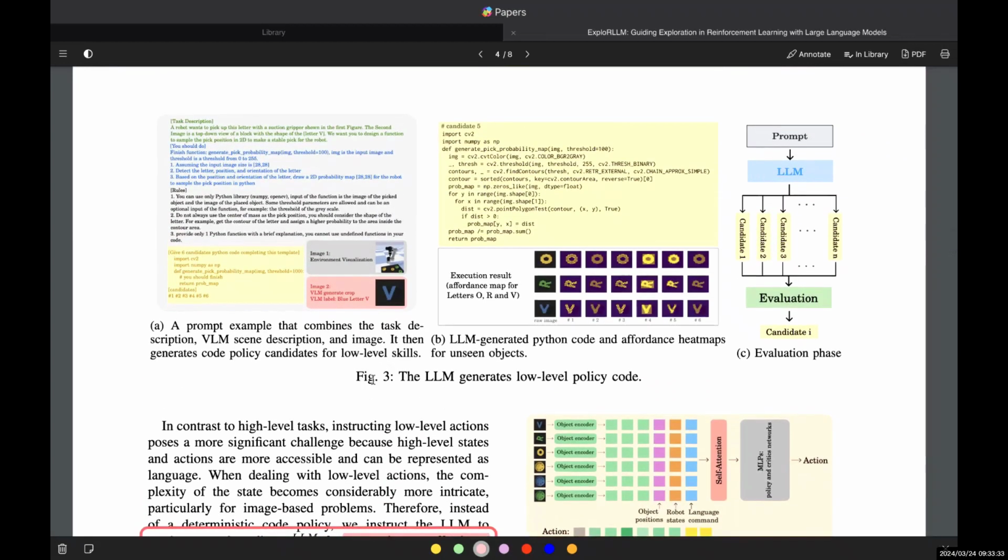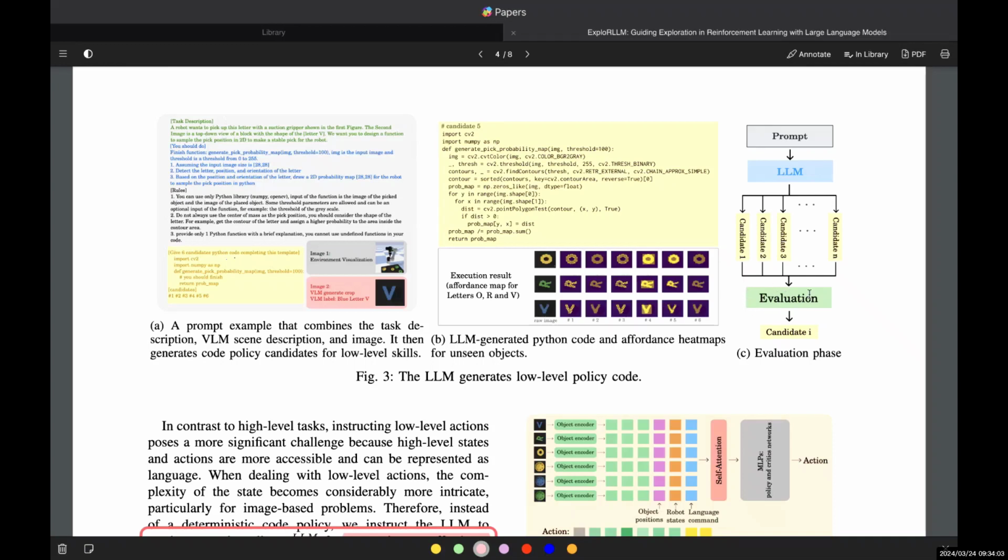For example, in figure 3, after prompting the large language model to output candidate Python code to predict the affordance for each input image, there are 6 candidate affordance maps output by the large language model.